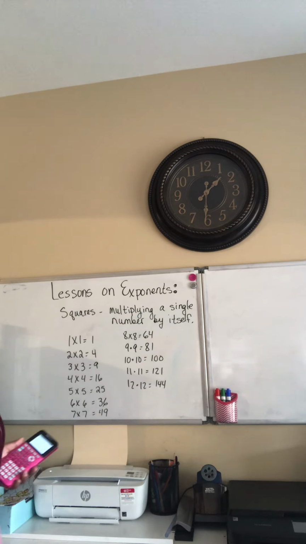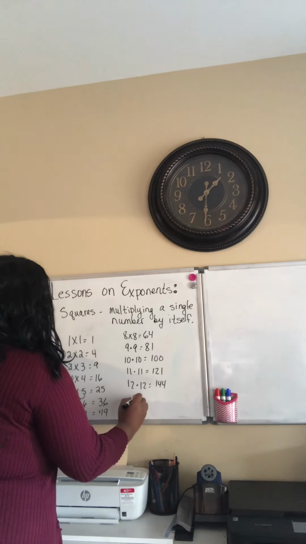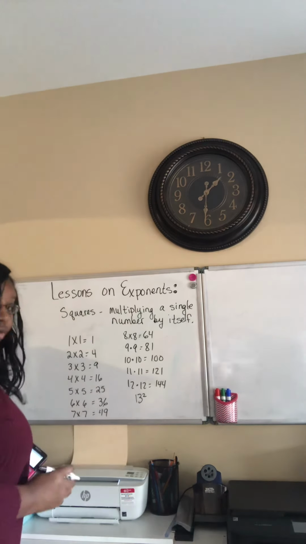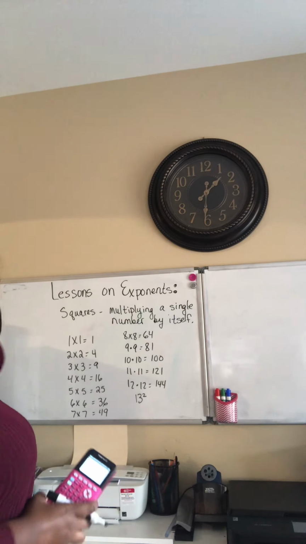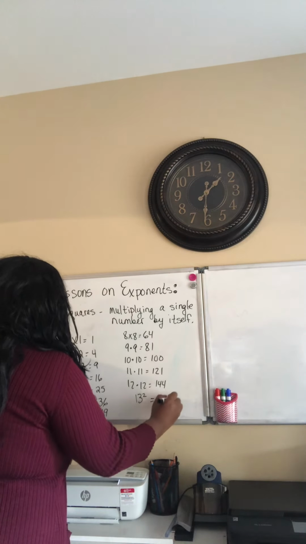Faith, remember you have to be quiet, okay? All right, so the other way that this could be written is 13 squared. That means the same thing as what we have been doing. It's 13 times 13, which would be 169.